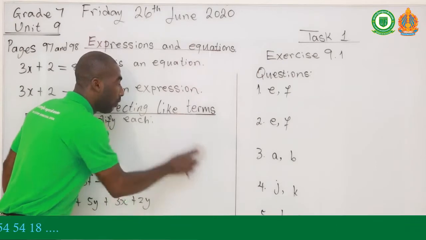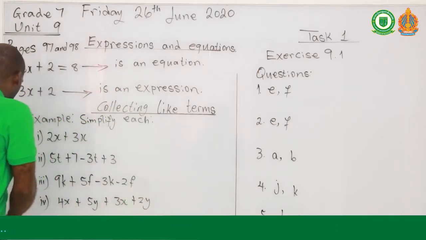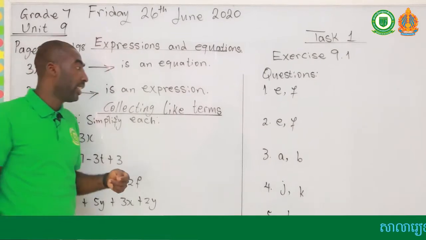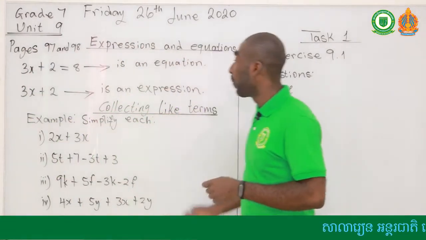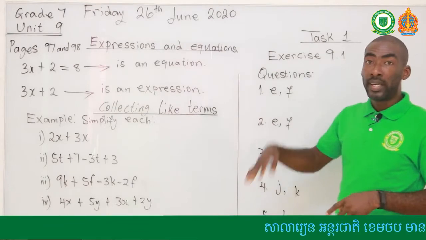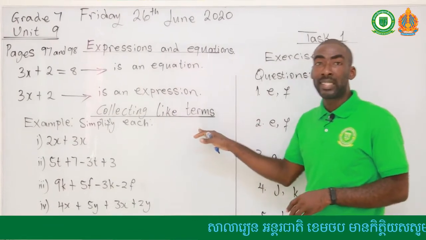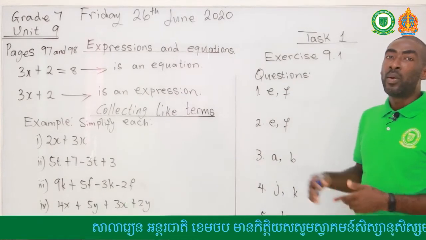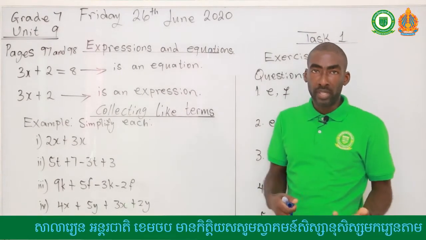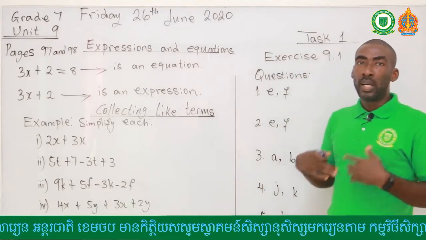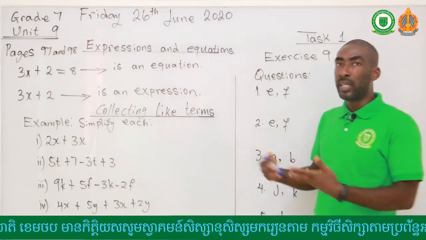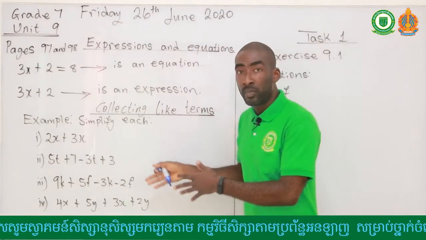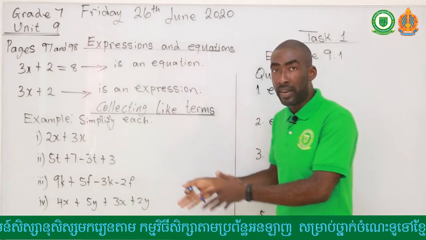Okay, so once you understand the difference between equation and expression, we will go straight to what we're going to do next, which is collecting like terms. Collecting like terms means that whenever you have an expression and you are making it into an equation, you have to group the familiar figures or the familiar variables.